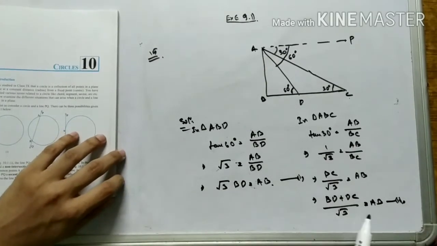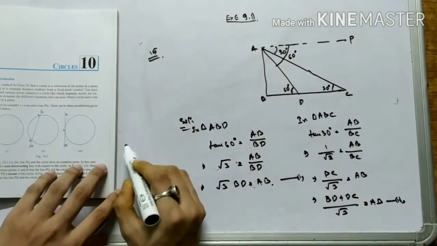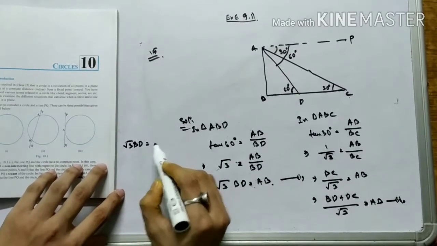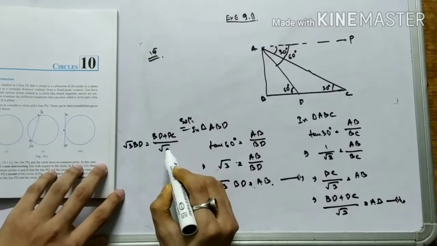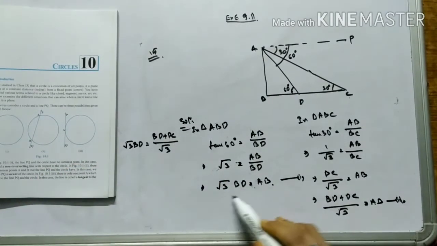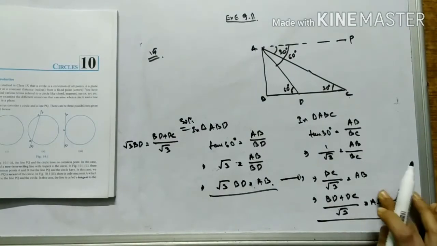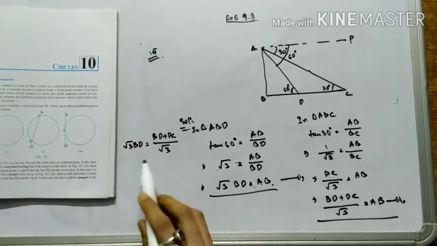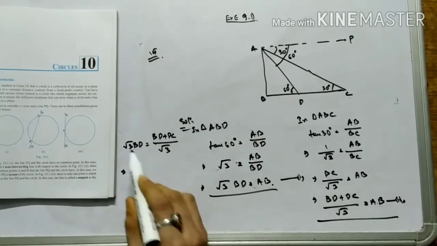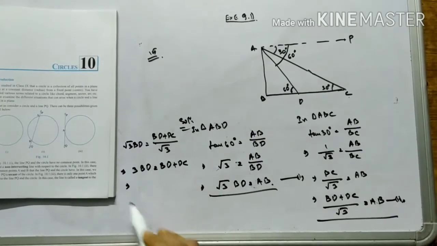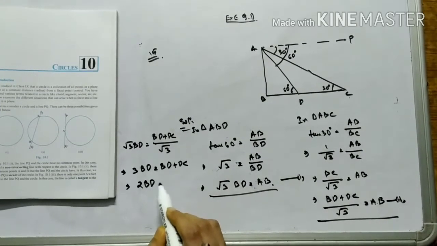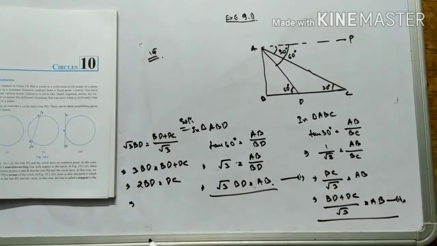So from equation 1 and 2, I can write root 3 BD is equal to BD plus DC by root 3. The right hand sides are equal, so the left hand sides are equal. Now if I send root 3 to this side, I will get 3 BD is equal to BD plus DC. So twice BD is equal to DC.